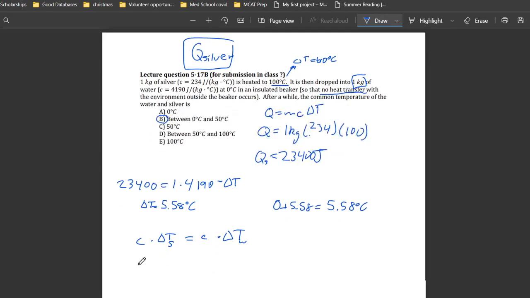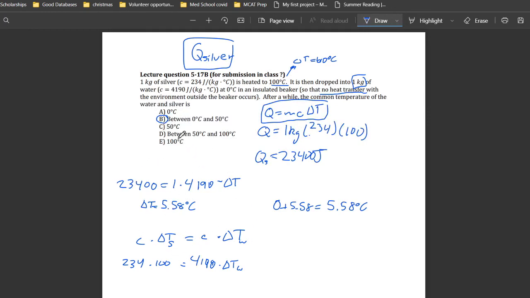So we could plug in these values and say that 234 times 100 is equal to 4,190 times delta T of water. And we can solve for delta T and get that same answer. And we just remove the variables that are constant. So, as I've been stating throughout this video, it's important to approach these problems from multiple avenues because it helps us really understand these equations. And as I've stated in my previous video on power, understanding the units of these equations helps us to manipulate them in a way to ensure that we are getting to our desired answer.